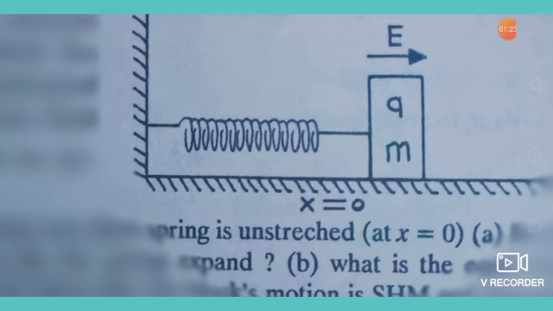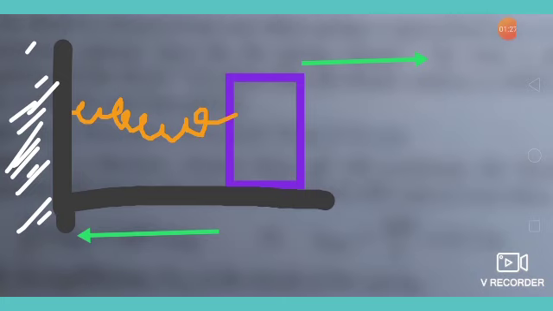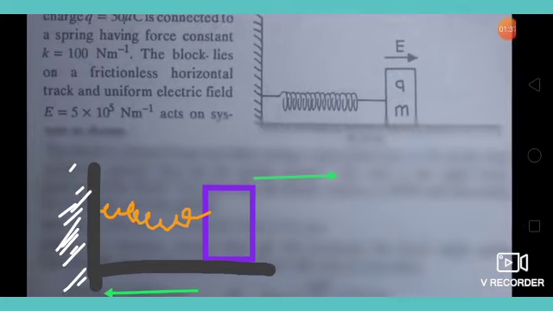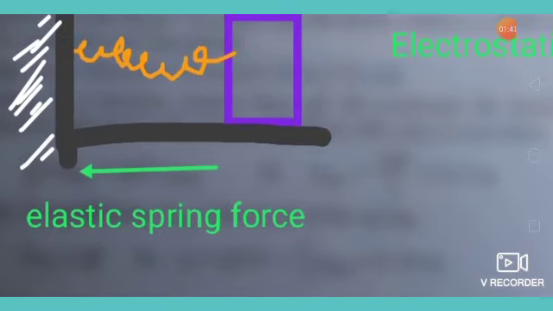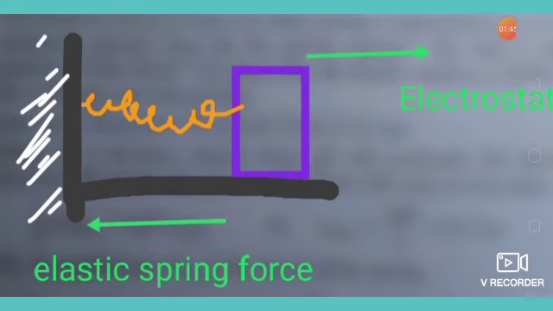The electrostatic force is acting along x positive, and the other force is the elastic spring force.